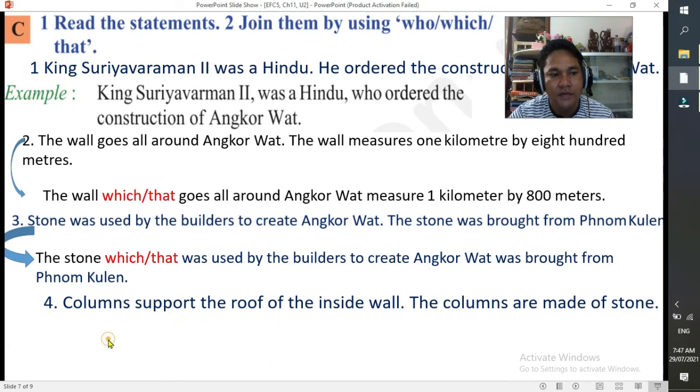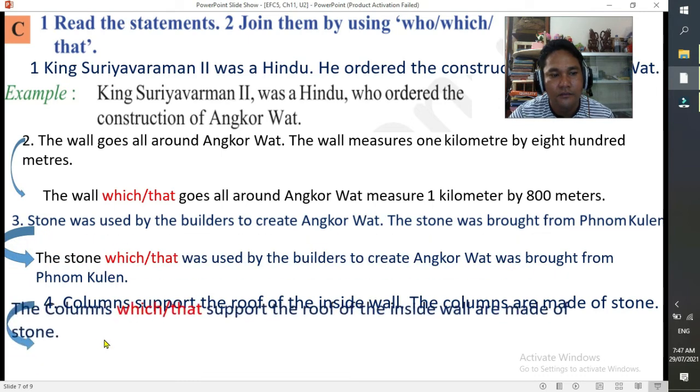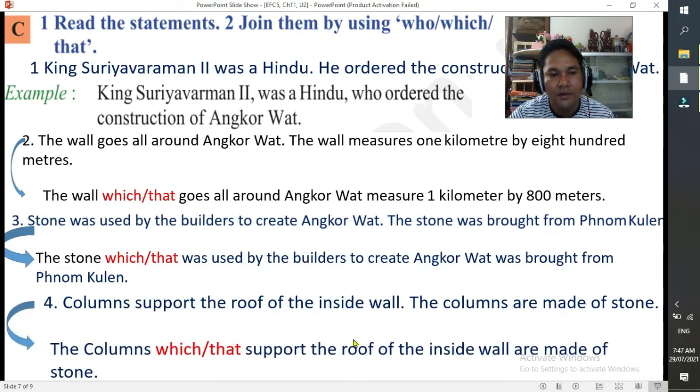So now we can verify all together. We use which or that the same because they don't talk about the people. They talk about the thing, the columns. So the columns which or that support the roofs of the inside wall are made of stone.